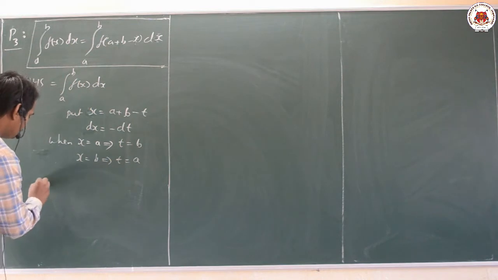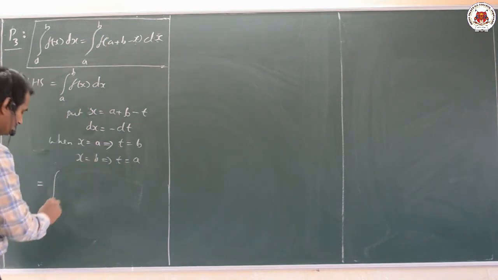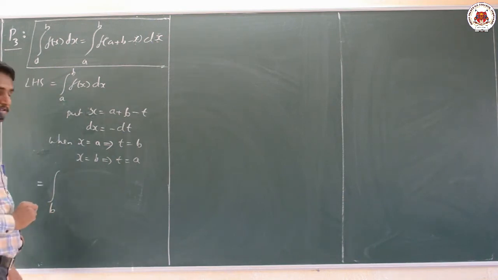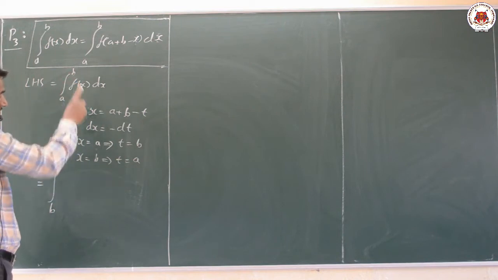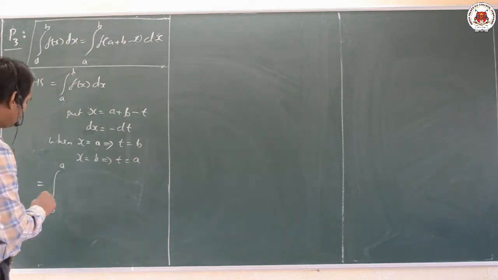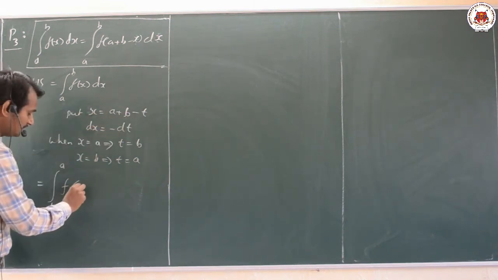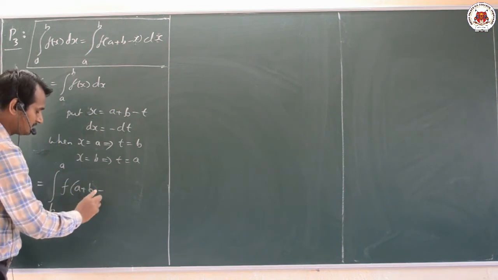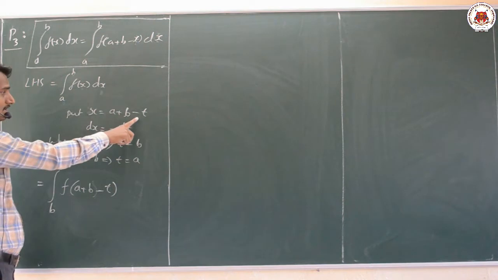So what we get is the integral where, when x equals a, the t value is b, and when x equals b, the t value is a. I will substitute those limits. Now f(x) becomes f(a plus b minus t), and dx becomes minus dt.